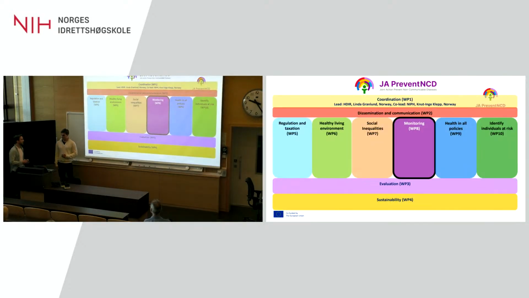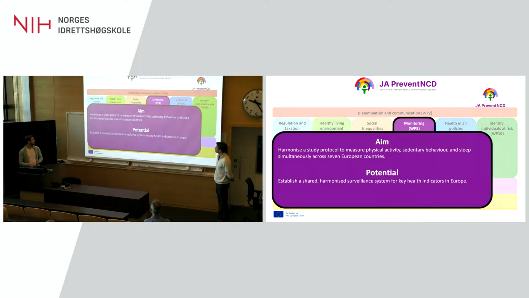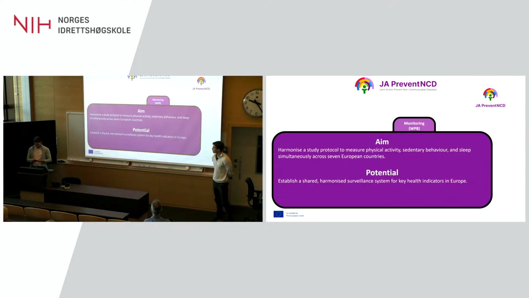Before I start talking about monitoring, which is the work package we're on, I'm just going to shortly read up what Joint Action Prevent NCD is all about. It is an EU co-funded joint action running since January 2024, and there are 100 partners involved across 25 different countries.